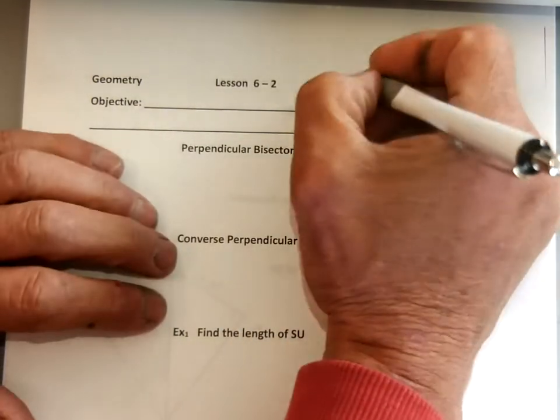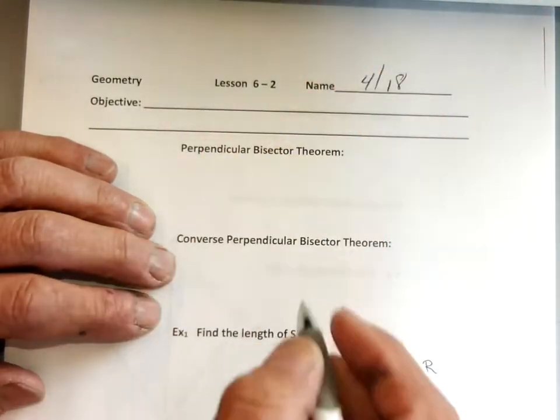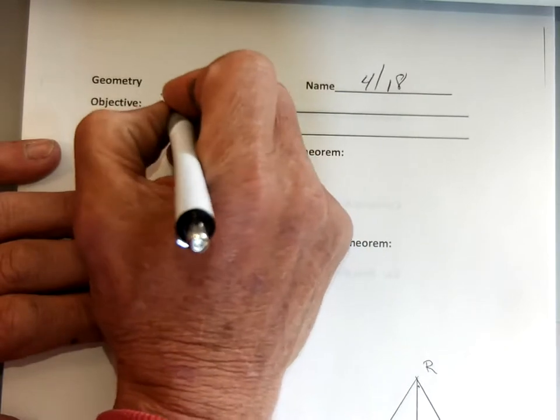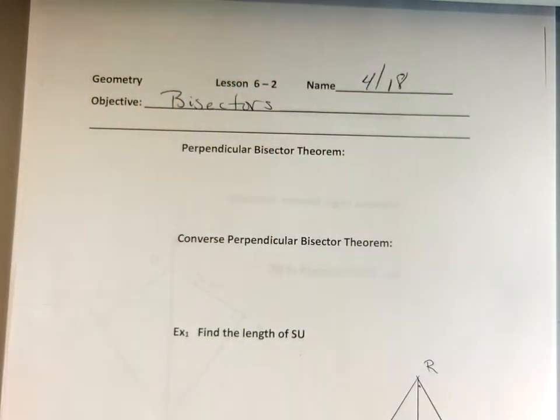Today's date is Monday, 4/18. So our objective today is to talk about bisectors. Okay, bisectors. Well, what's a bisector?